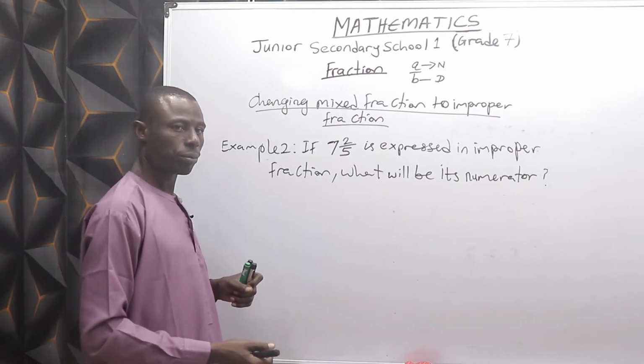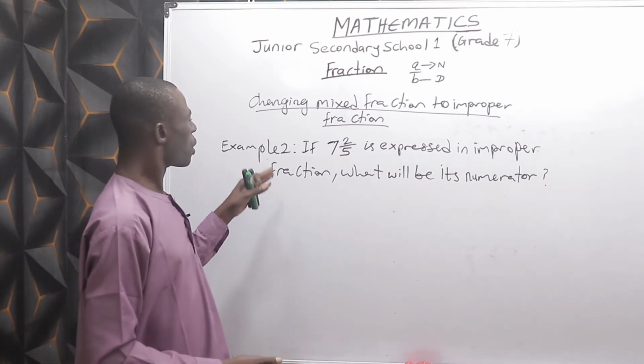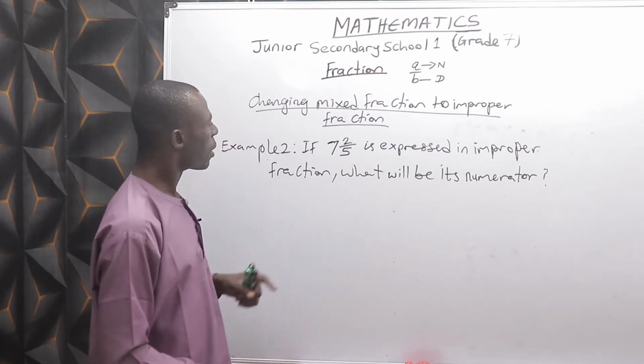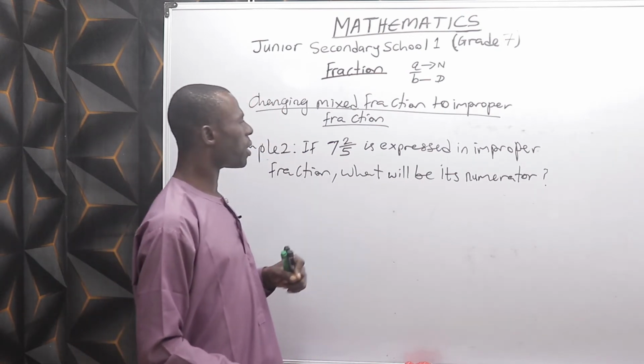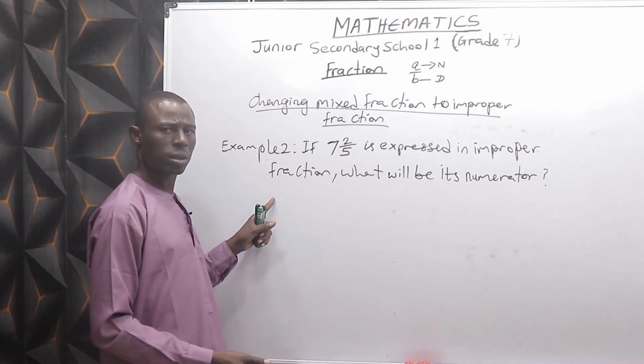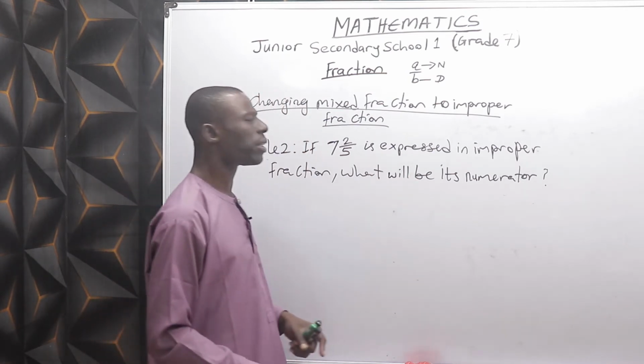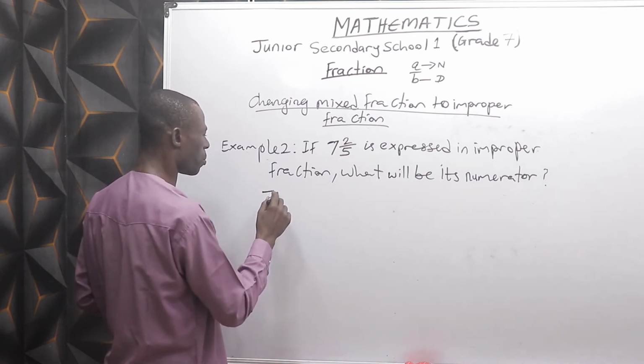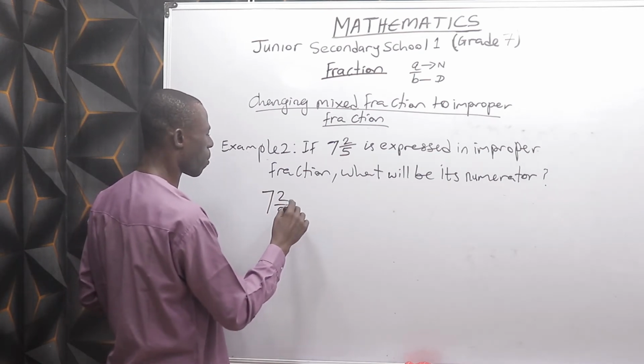Example 2. If 7 whole number 2 over 5 is expressed in improper fraction, what will be its numerator? That is 7 whole number 2 over 5.